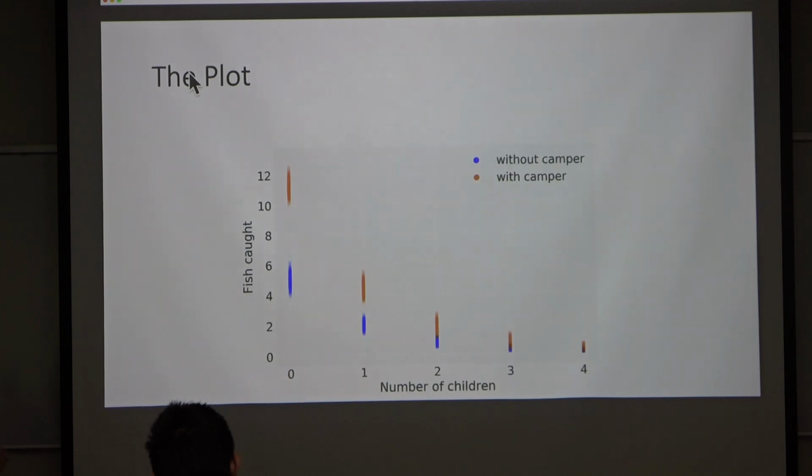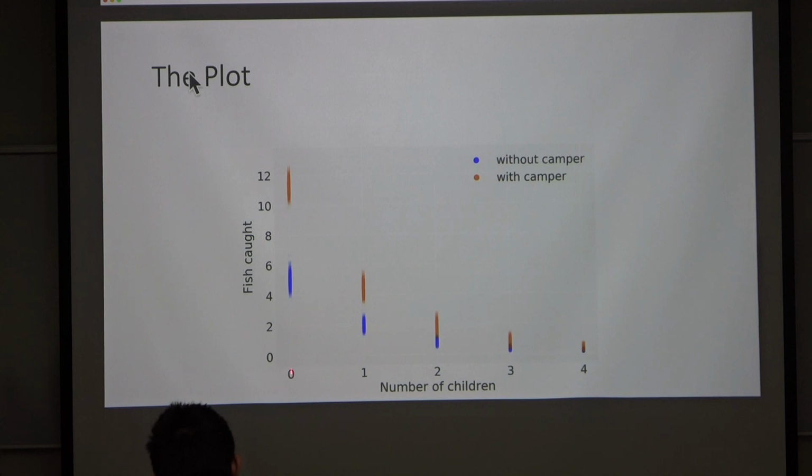So you can see that in this plot, the x-axis indicates the number of children. The y-axis indicates the fish caught.